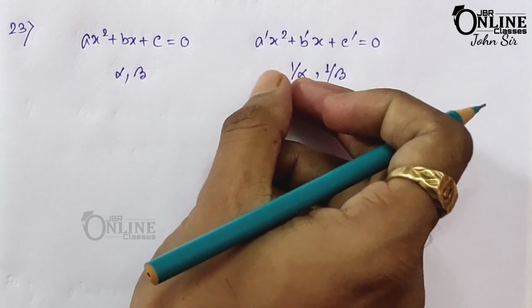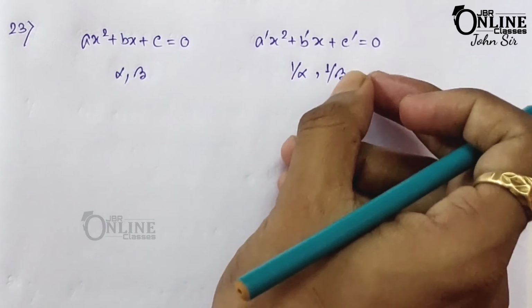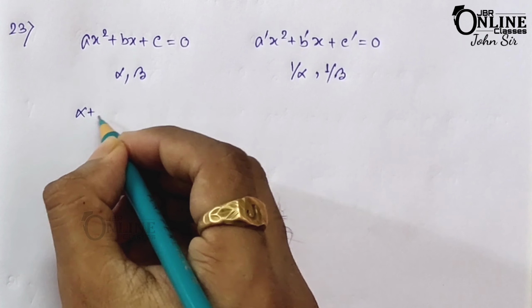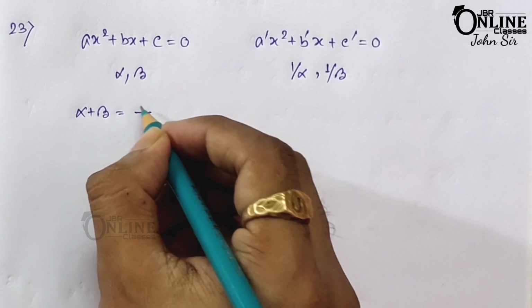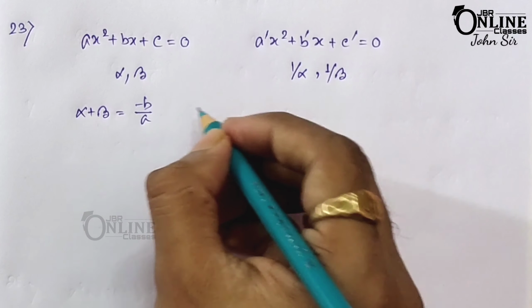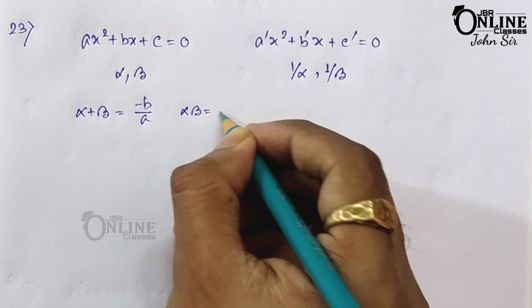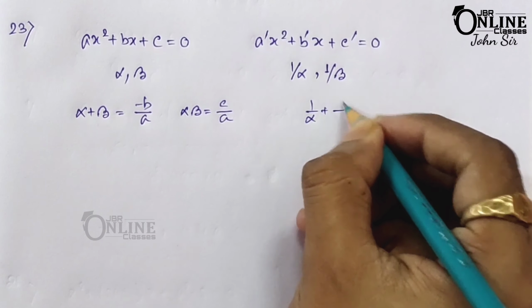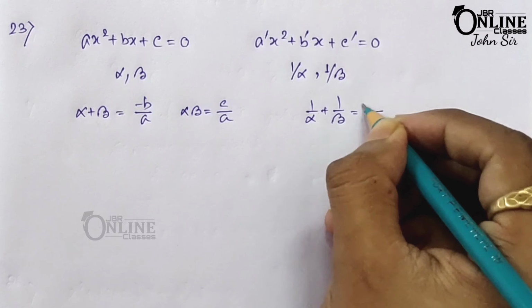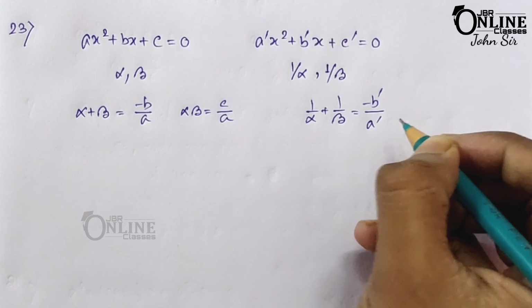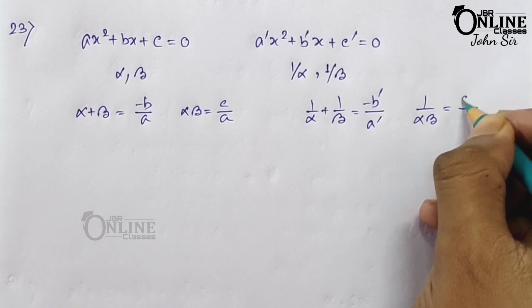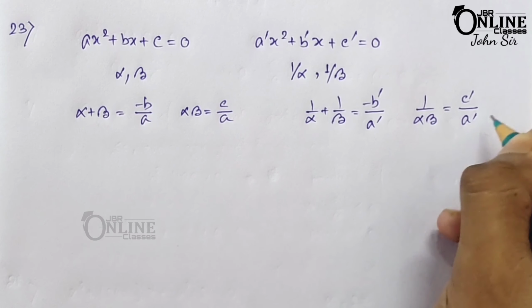Remember that 1 by alpha is the reciprocal of alpha, 1 by beta is the reciprocal of beta, you know that. So here alpha plus beta, that equal to minus b by a, and alpha into beta, that equal to c by a. As same as here 1 by alpha plus 1 by beta, that equal to minus b dash by a dash, and here 1 by alpha beta, that equal to c dash by a dash.